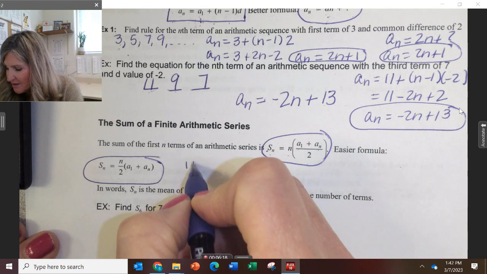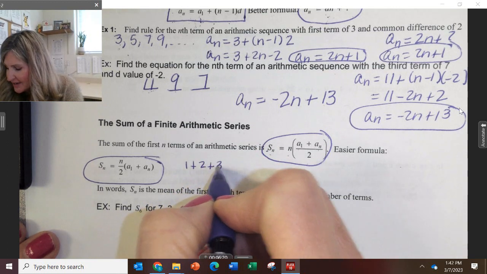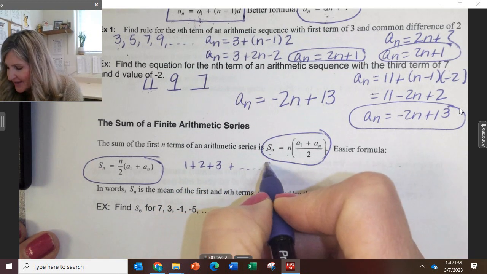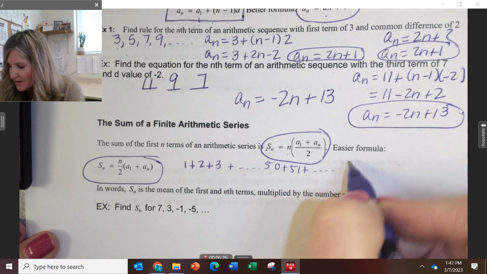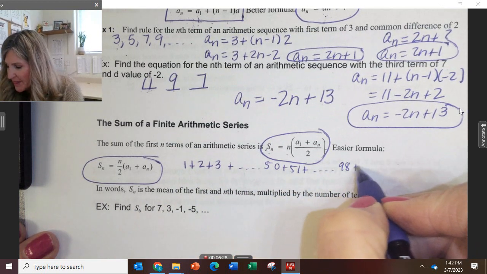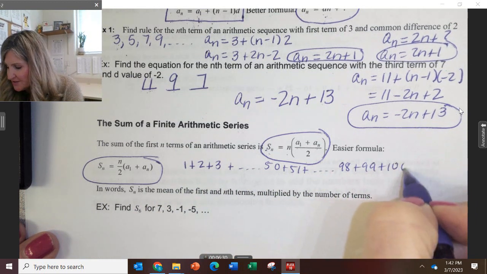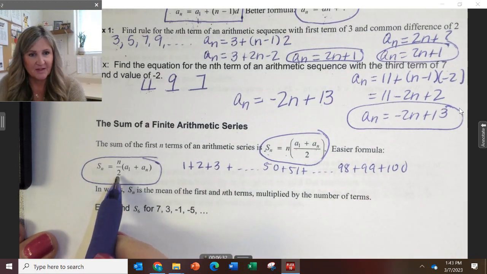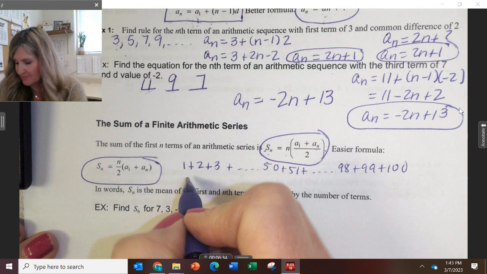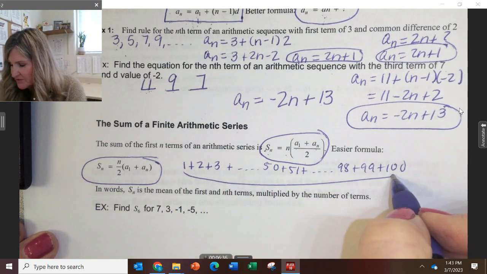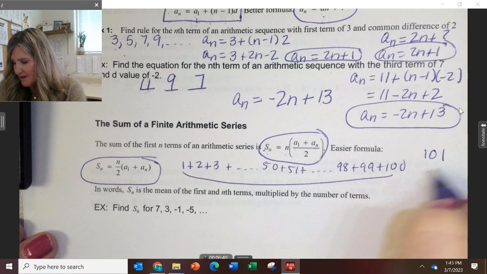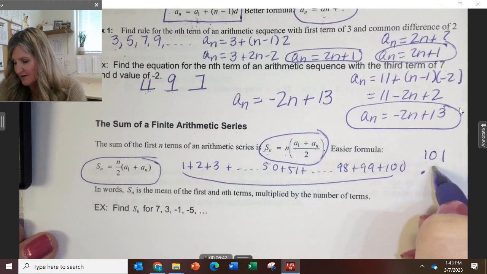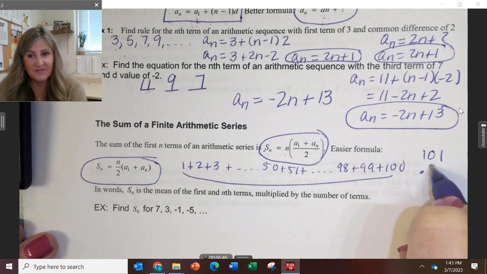When we looked at that rule that Gauss came up with, or how he figured out the answer to the sum of those numbers from 1 to 100, he actually used this form because he added the first number and the last number. What was the sum of the first and the last? 101. And then he did times what? 50.